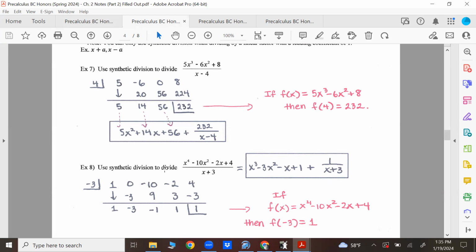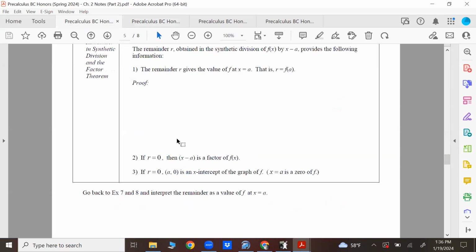So what's in place of a if I assume the bottom is x minus a? a equals negative 3. So f of negative 3, the top is f of x, f of negative 3 would be the remainder, which is 1. So therefore, f of negative 3 is 1. So this is called the remainder theorem, which I think you guys saw last year, I don't know, but that's what's happening.